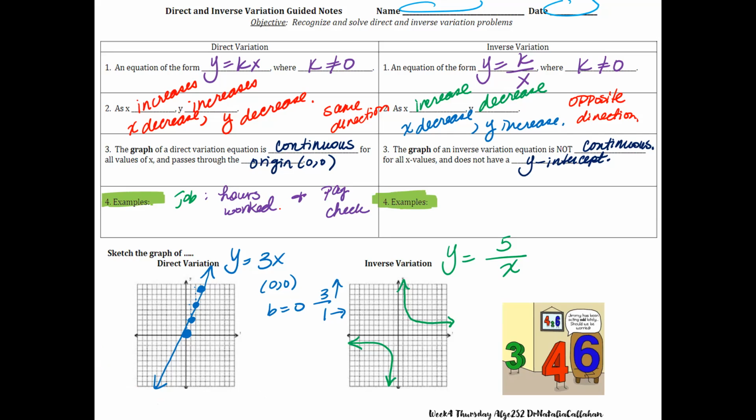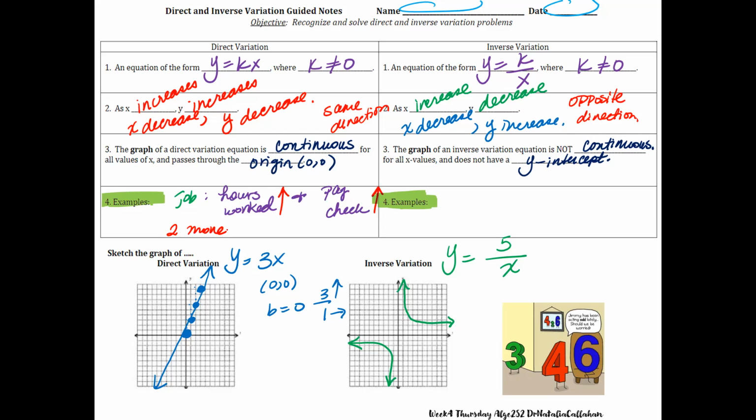Because I would assume that if you work more hours, you get more money, right? It shouldn't go the other way. It's not like the more hours I work, the less money I get, because that wouldn't make any sense. Then I just wouldn't work. So that's my example.